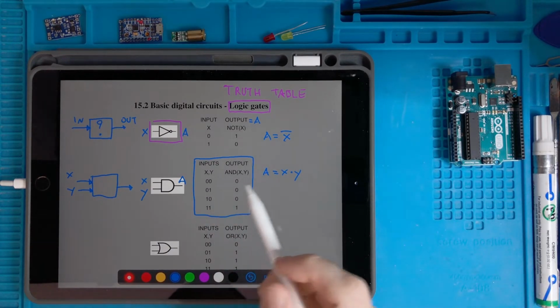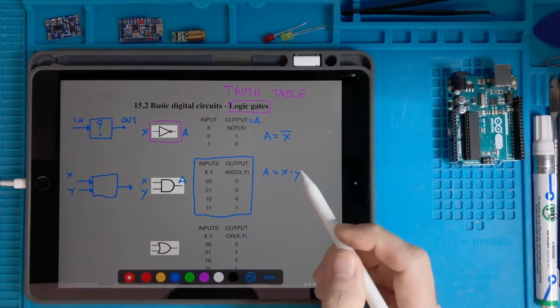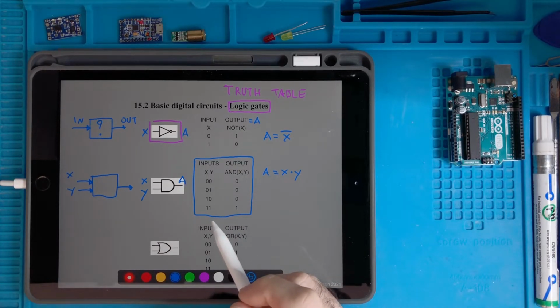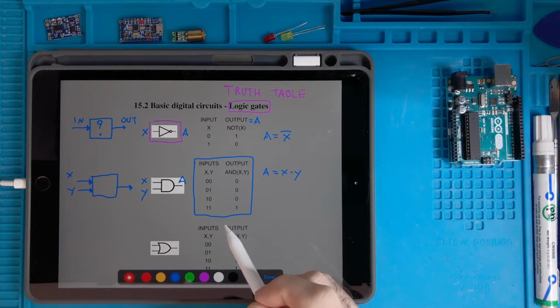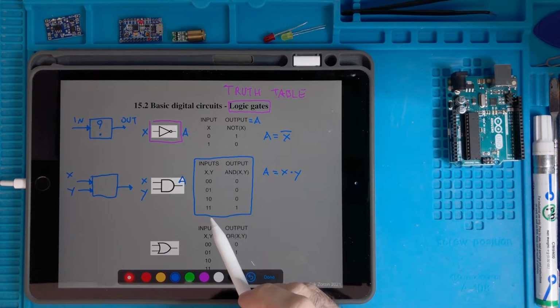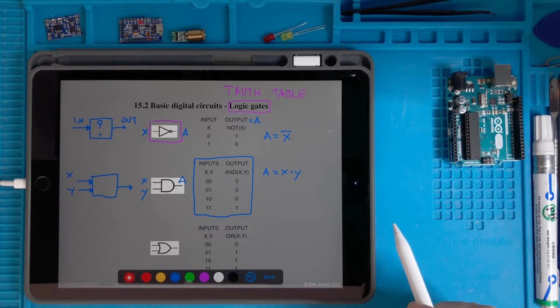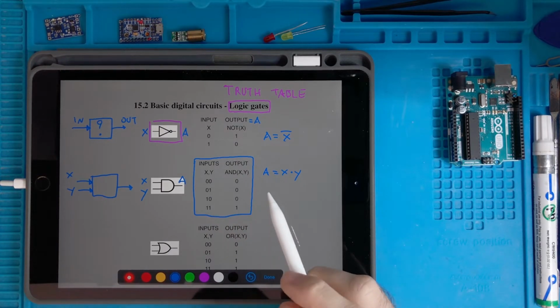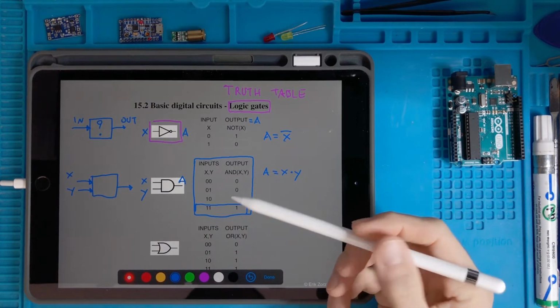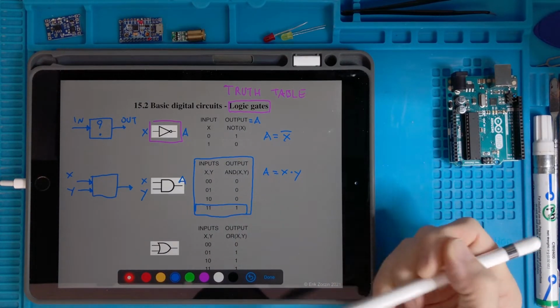So we said that we want a circuit that calculates the AND. The AND operation is the one for which we take the intersection of the two sets. So we want to have an element in the AND set only if that element is present simultaneously in the X set and Y set. So only this condition will produce a 1 at the output. All the other conditions will make a 0.